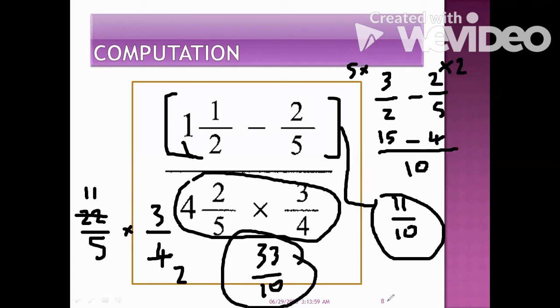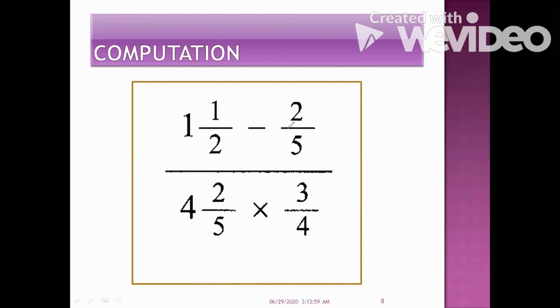But we're not finished, because there's a big division sign right there. I'm going to write it down because I don't have space, so let's delete everything. You can always go back to the video.